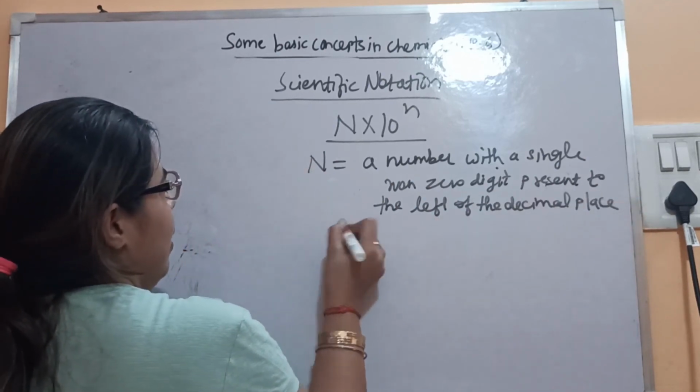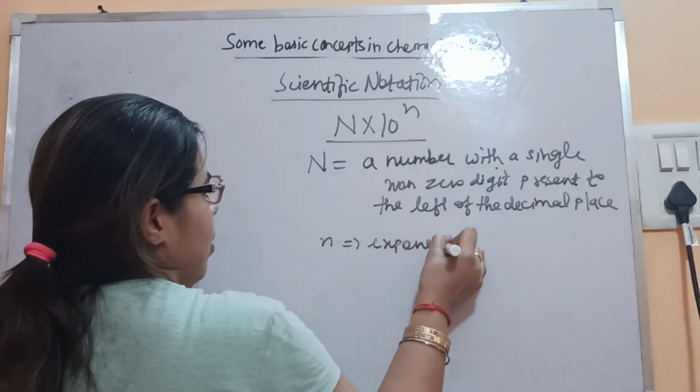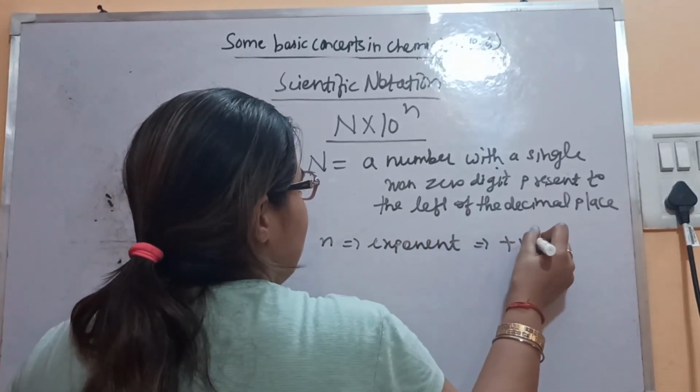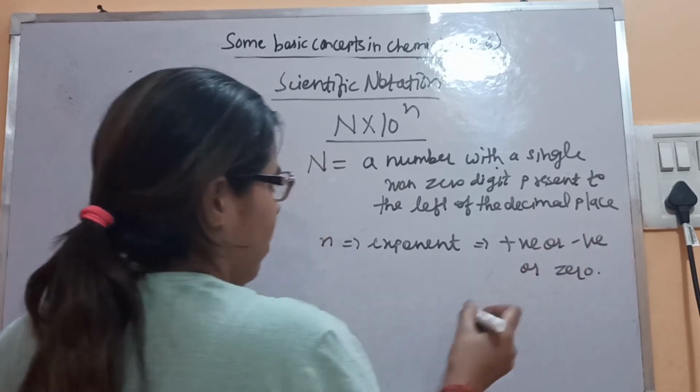And here 10 to the power n is the exponent, that can either be positive or negative or 0.